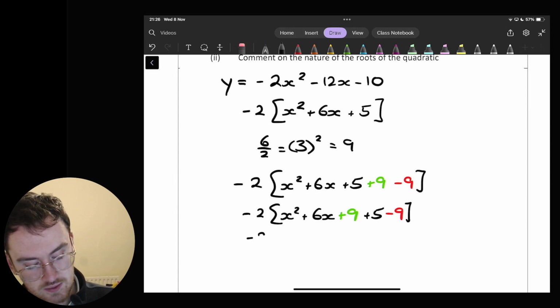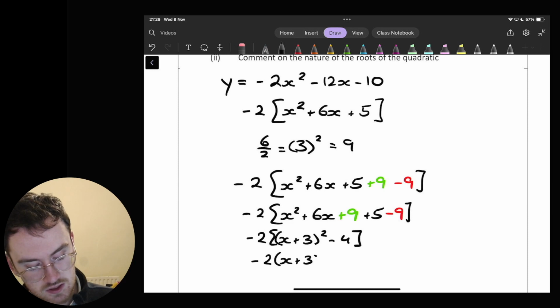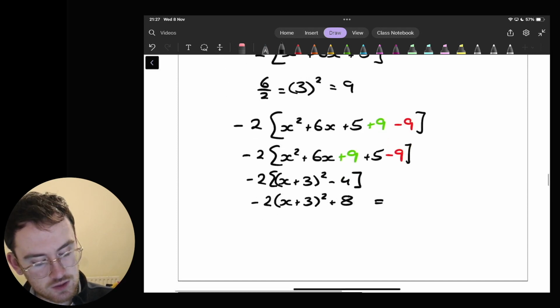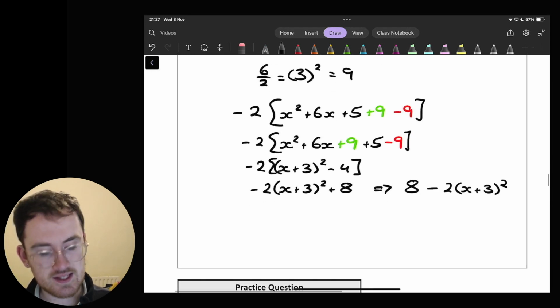Rewriting our perfect square here, that's going to be x plus 3 all squared minus 4, and I can distribute out my minus 2 there. And again, I could just flip that around to get it into something more similar to what we normally write. We normally wouldn't start with a negative number like that. We would rewrite it in that sense.